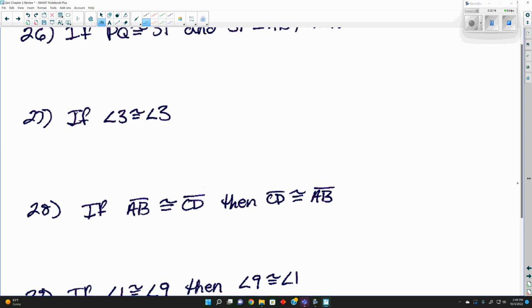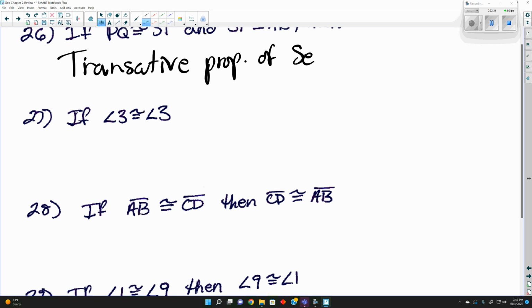So 26 would be what? Because this would be the transitive property of segment congruency. So again, with these here, you need to make sure that you do state the correct one for congruency or equality, and if it's a segment or angle.